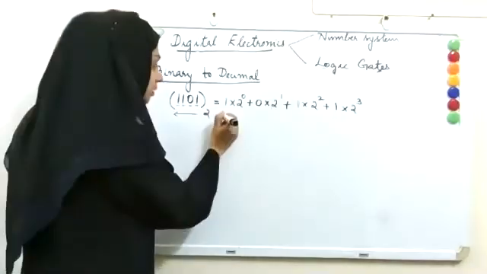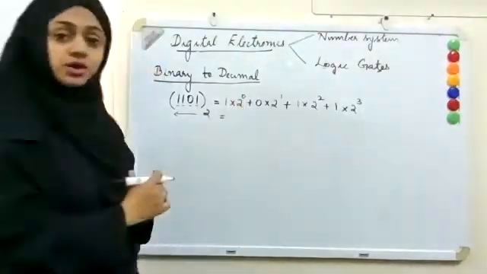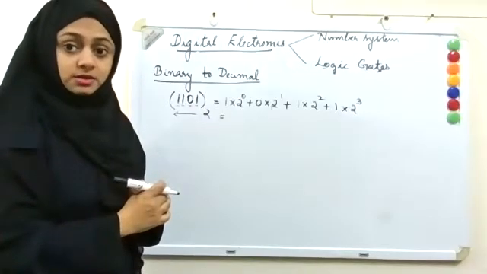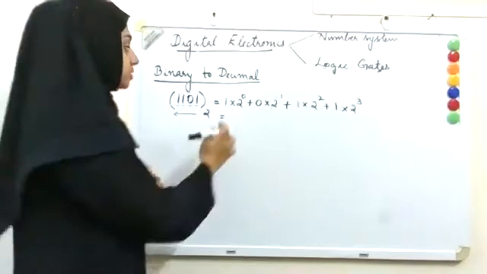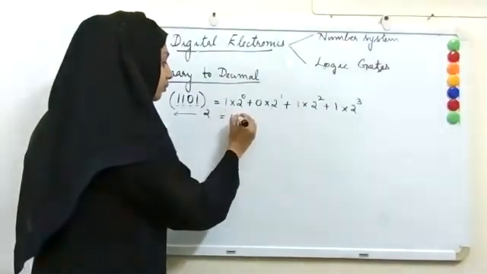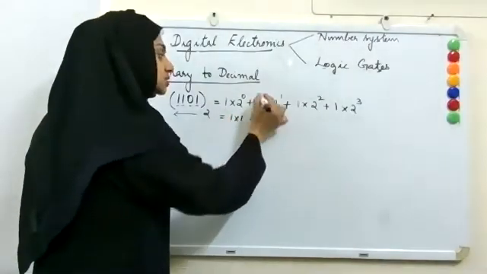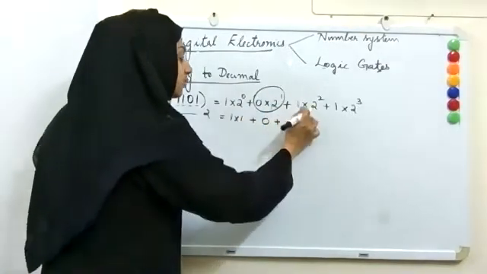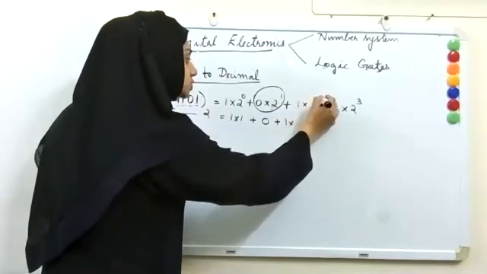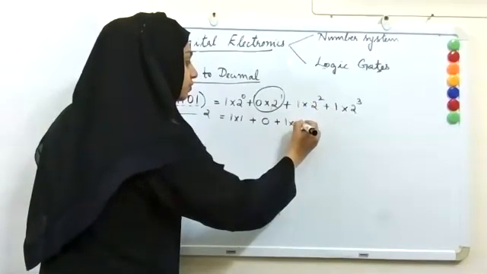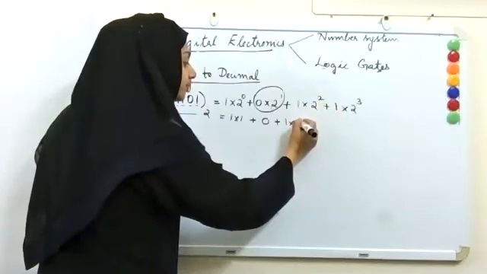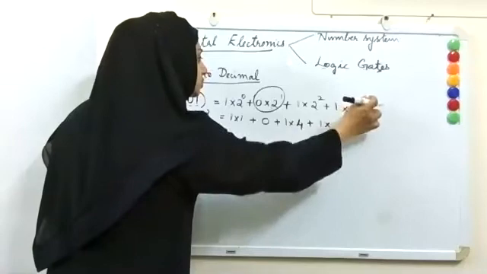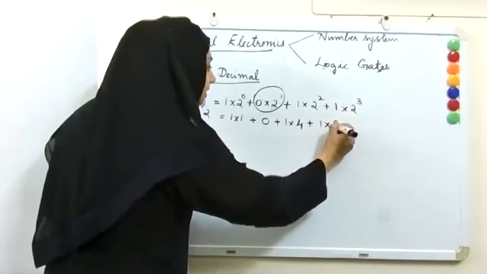So this is equal to: 2 raised to 0 is 1, so 1 times 1, plus this quantity will be 0, plus 1 times 2 squared, which is 4, plus 1 times 2 cubed, which is 8.